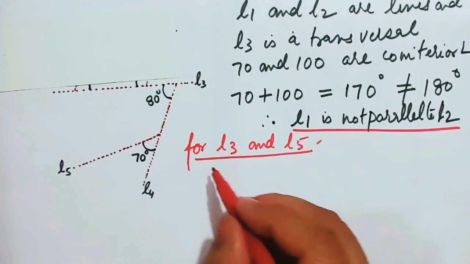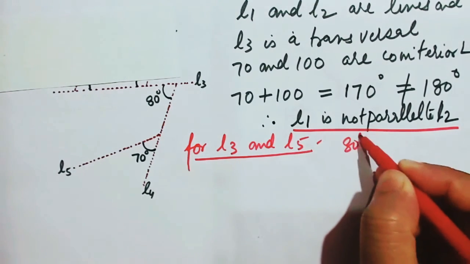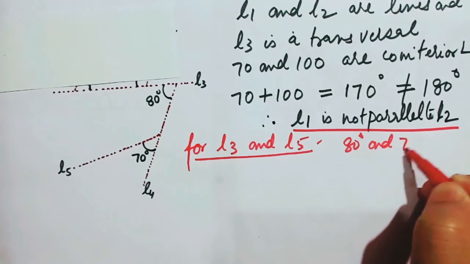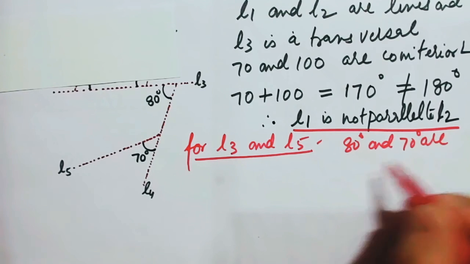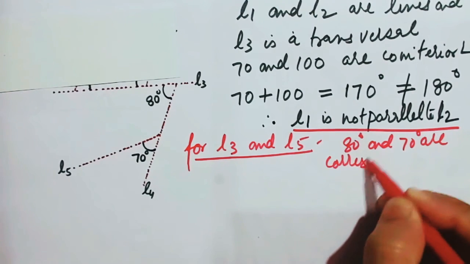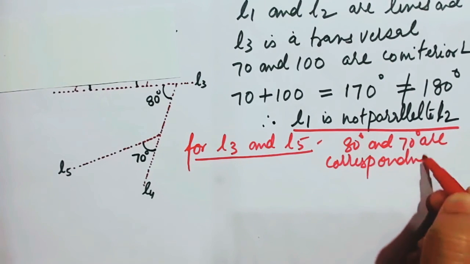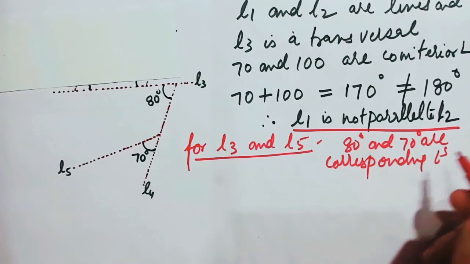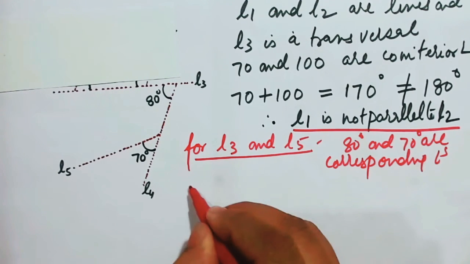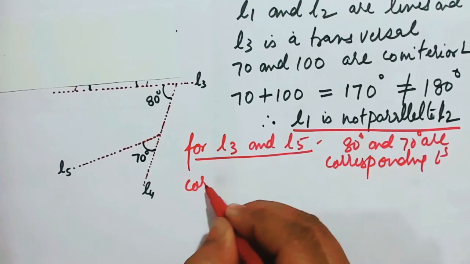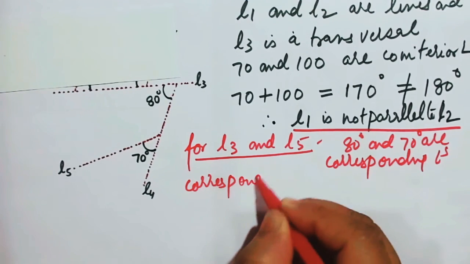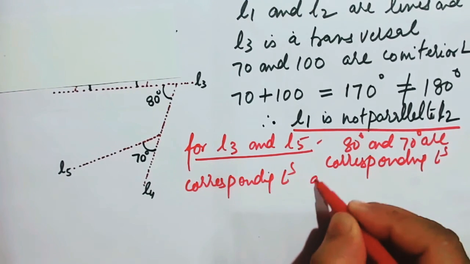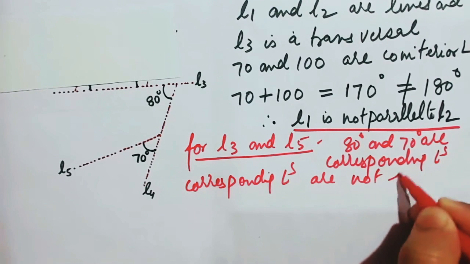So we would say that 80 degree and 70 degree are corresponding angles, and corresponding angles are not equal.